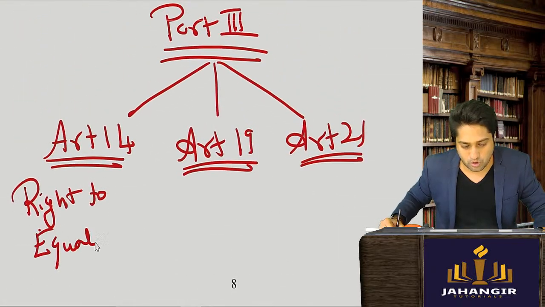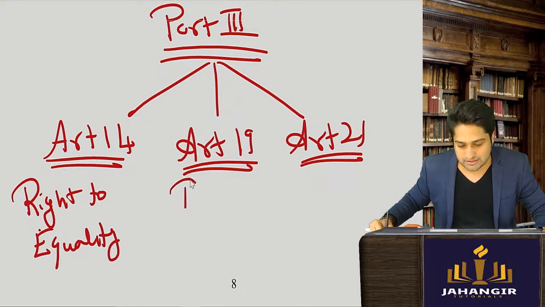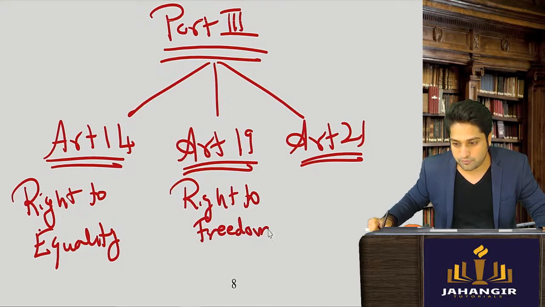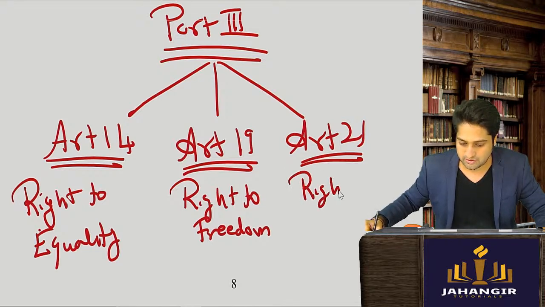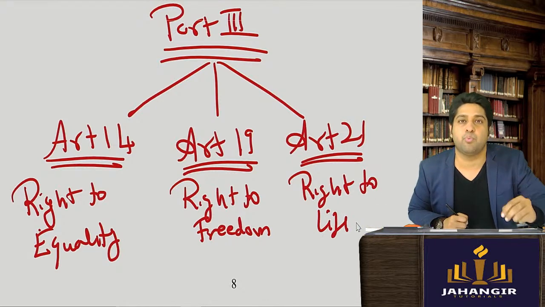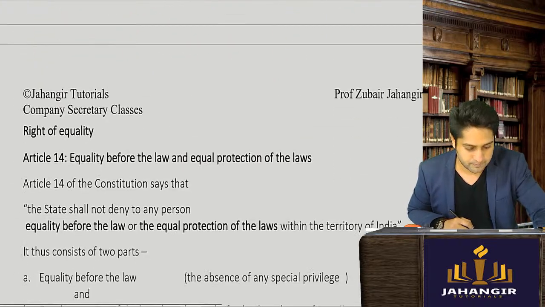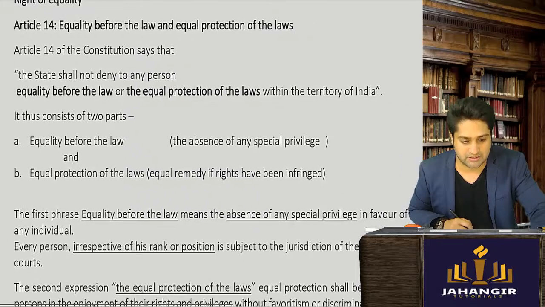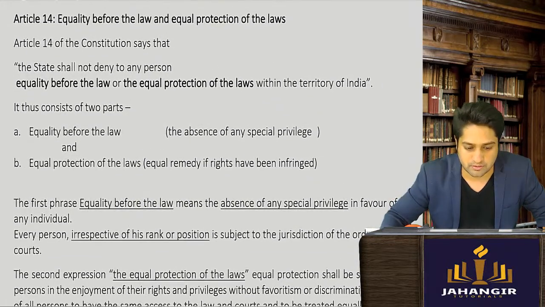Then Article 19 is the right to freedom, and then Article 21 is the right to life. Out of these three, one article is a sure shot exam question. Now let's start with Article 14.